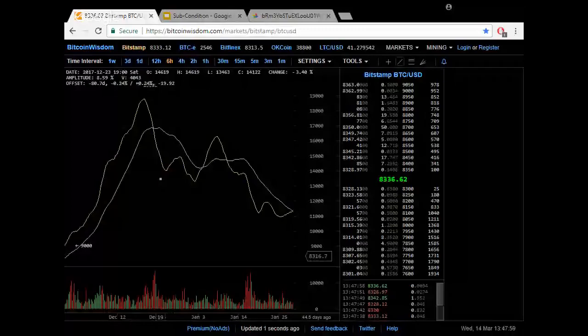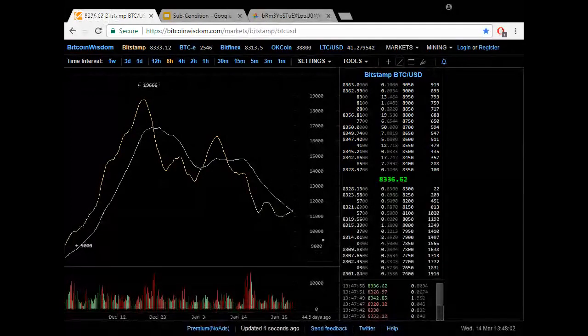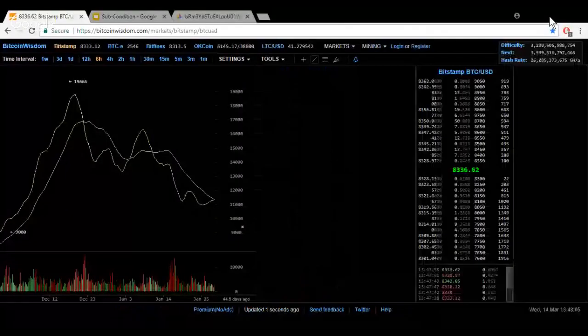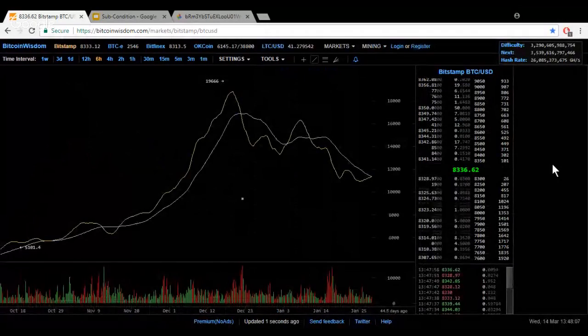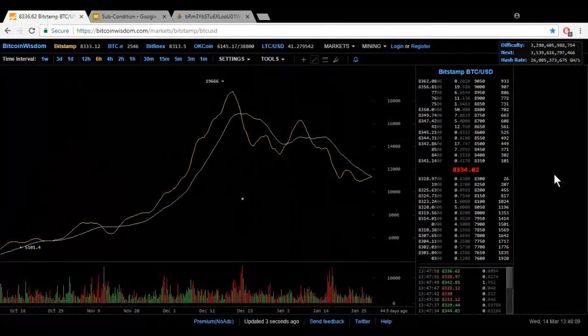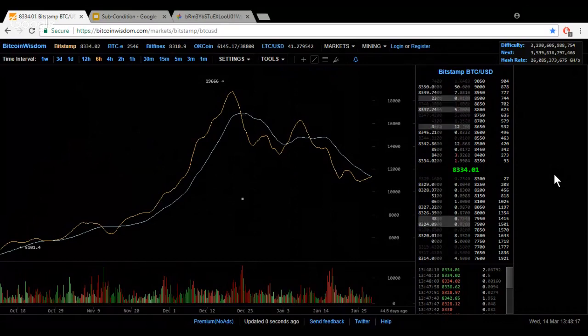let's try this one. That will work. And a number of you have been berating me about using Bitcoin wisdom. I have gotten the message, and I will be switching completely over to TradingView shortly.